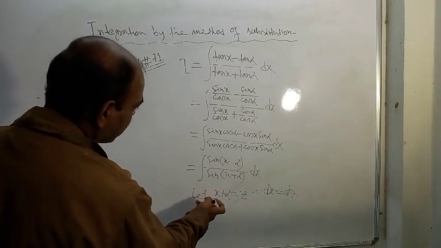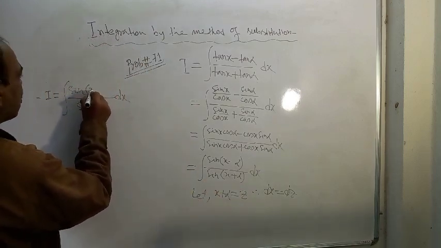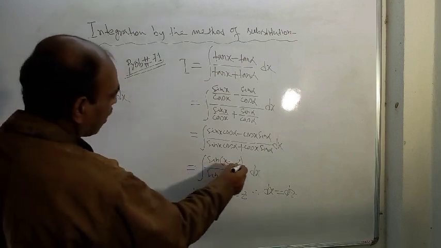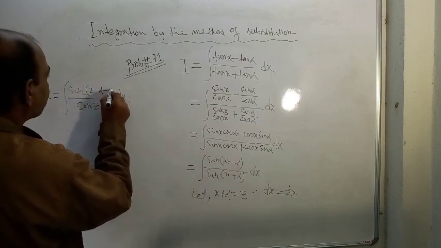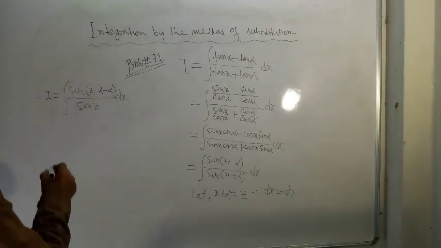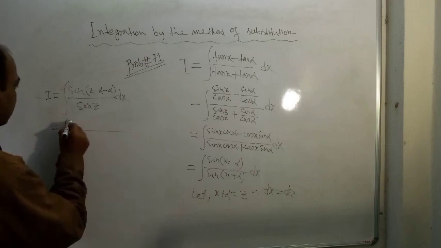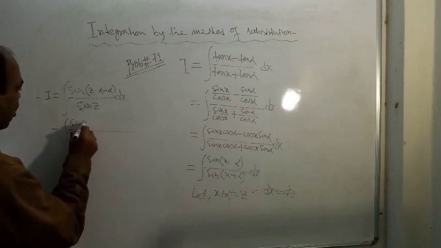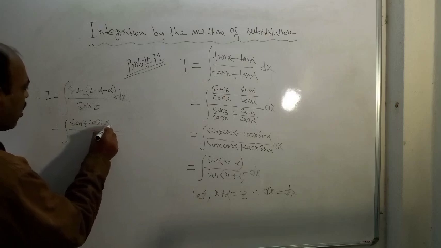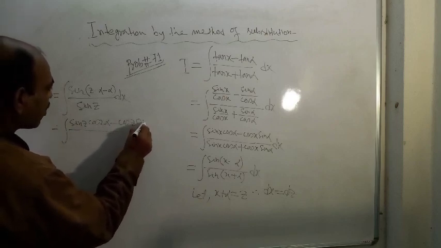From here we get x is equal to z minus alpha, and already minus alpha was there, so write that also minus alpha. So sin of z minus alpha, that is sin of z minus 2 alpha. So this is equal to sin z cos 2 alpha minus cos z sin 2 alpha.